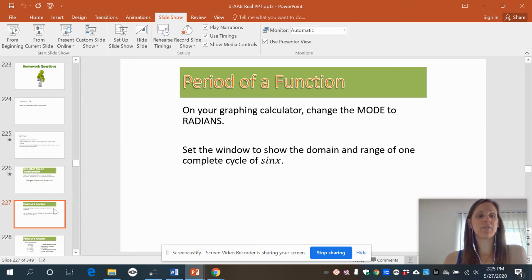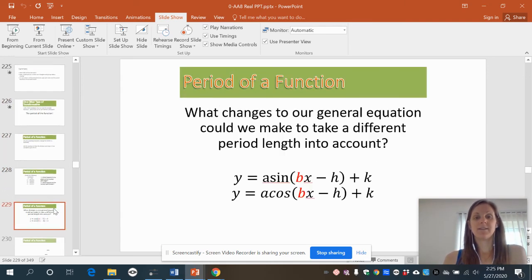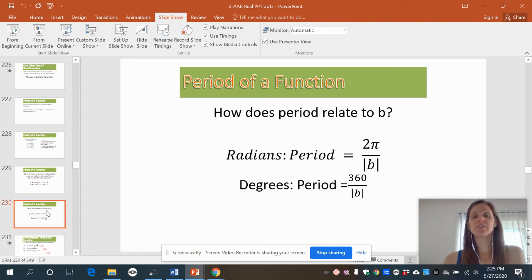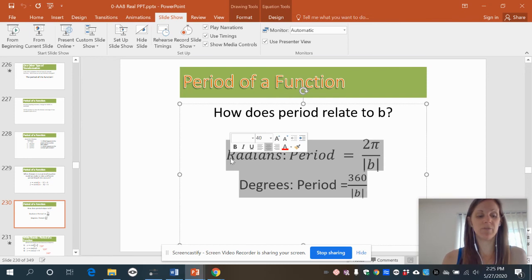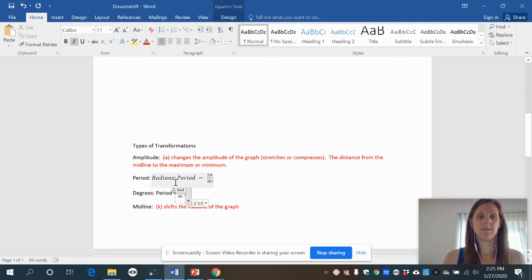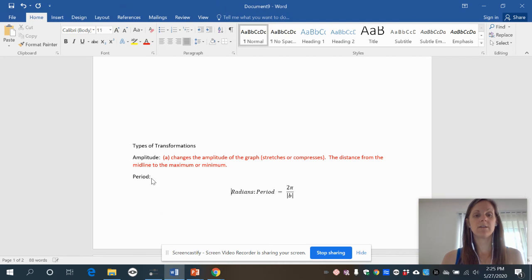So period of the function looks like this right here. So we put the b in front of it. These are the actual equations, so I'm going to put these down in our period section right here. I'll change everything so it's in red.